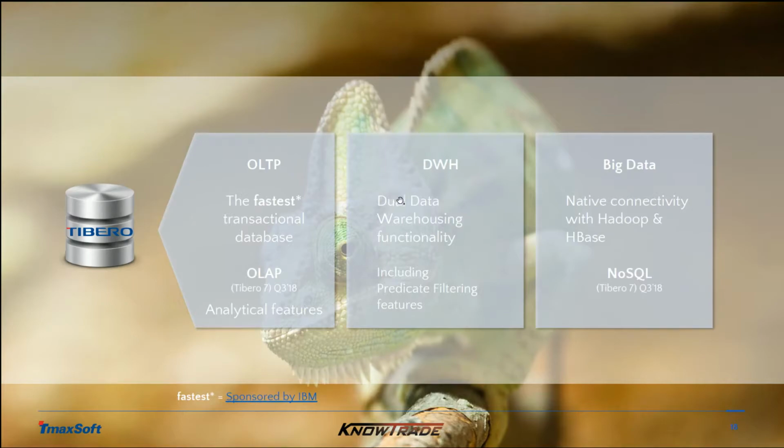This is something customers are sometimes paying more than $1 million for, with appliances very well known from the competitors, whereas Tibero offers big flexibility where you can build your data warehouse in any system, any hardware, any cloud, whatever you want. We will come later to this flexibility aspect.